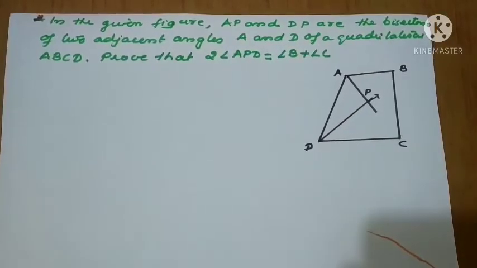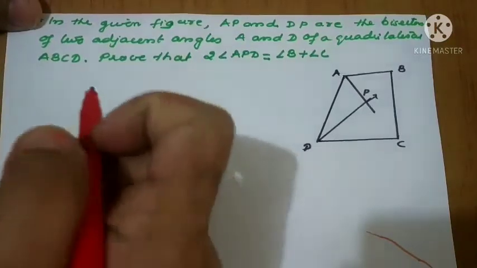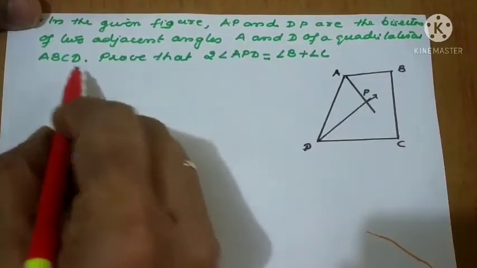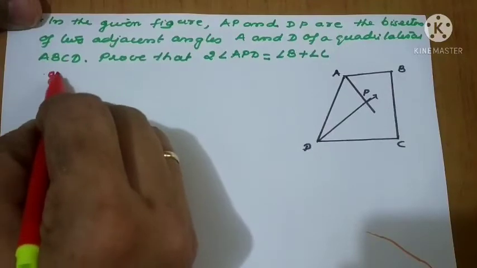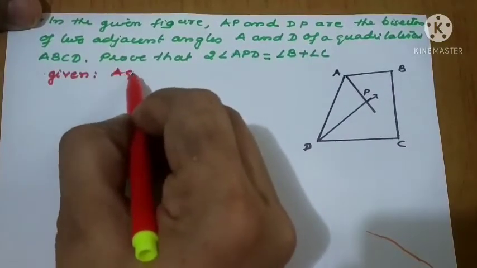In the given figure, AP and DP are the bisectors of two adjacent angles A and D of a quadrilateral ABCD. Prove that 2 into angle APD equals angle B plus angle C. Now, what is given in the question? A quadrilateral ABCD.